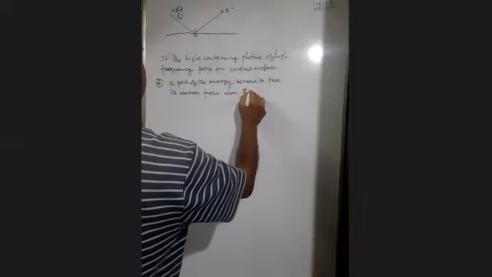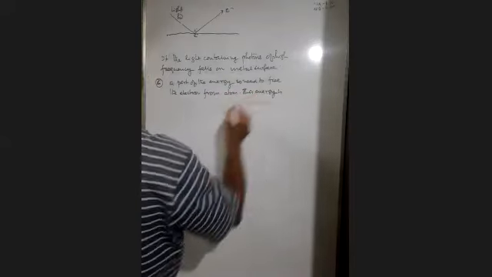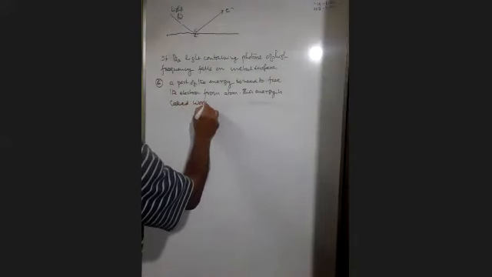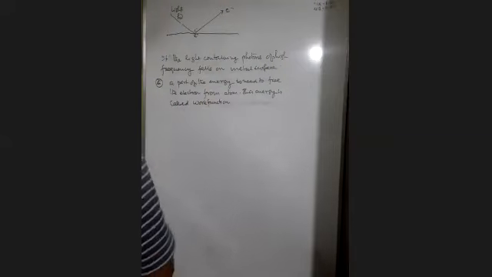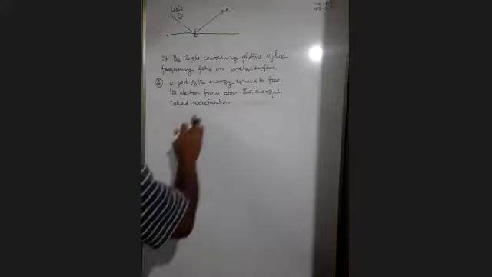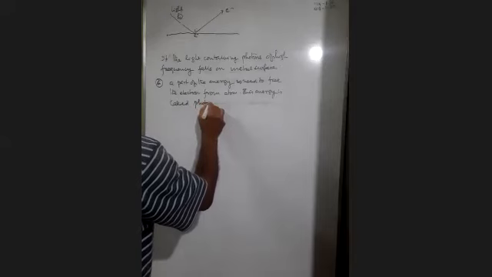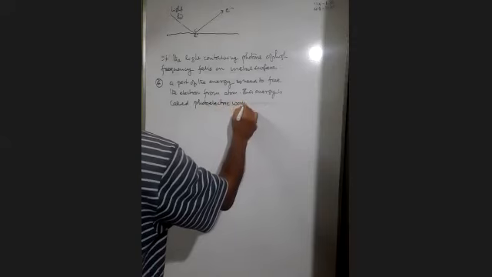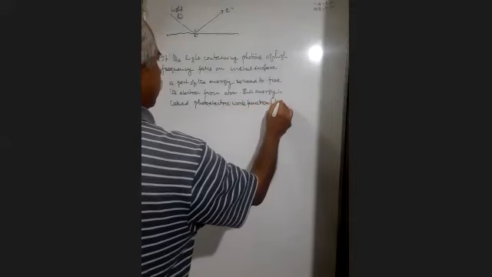This energy is called work function, or photoelectric work function, and we mention it as phi 0.